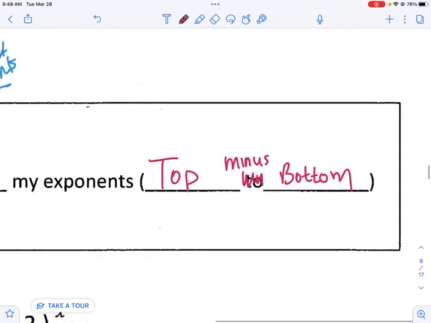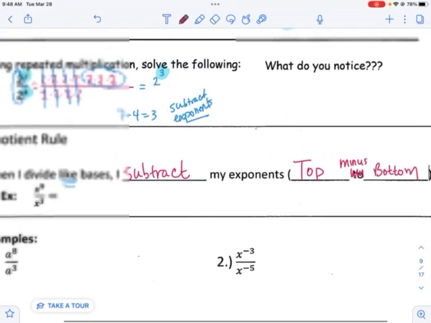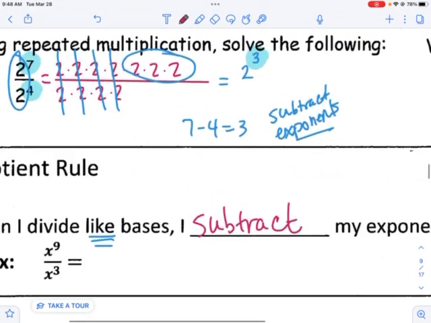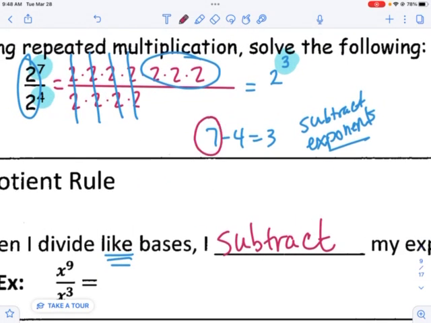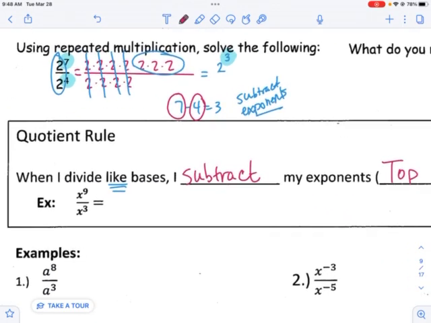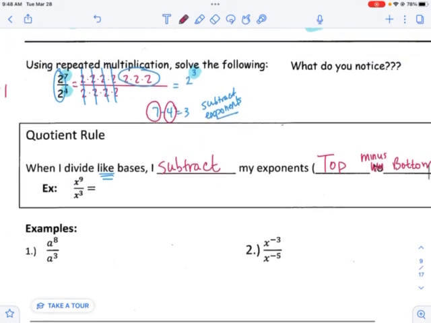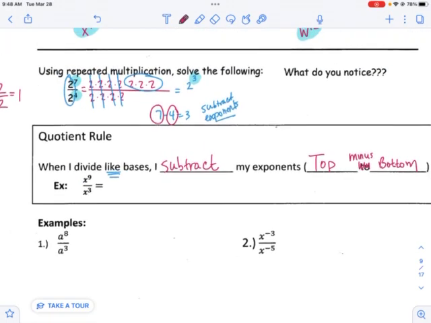So please fill that in, top minus bottom. That's very important. The numerator's exponent in our example problem is 7, our denominator's exponent was 4, so 7 minus 4 gets you 3. Make sure that's filled in. When I divide like bases, I subtract my exponents, top minus bottom, and that's called the quotient rule.